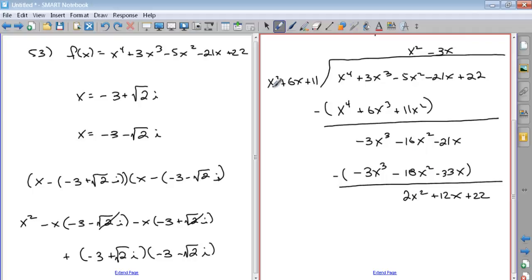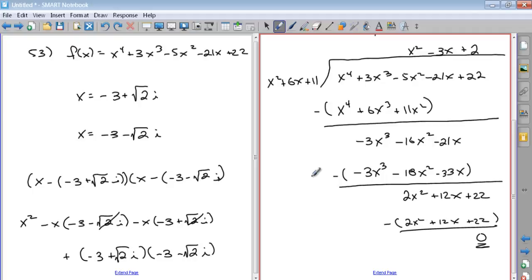So what do I need to multiply x squared by to get 2x squared? 2. So 2 times x squared is 2x squared. 2 times 6x is 12x. 2 times 11 is 22. I'm subtracting this, so everything disappears. 0 remainder, which means this is a factor, which can then be factored into those.